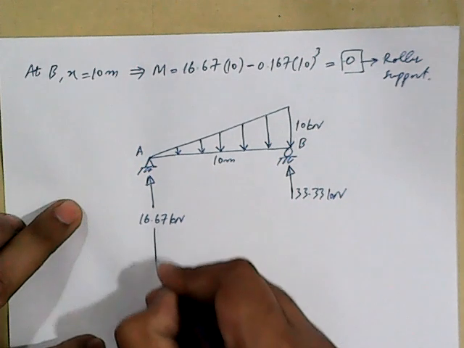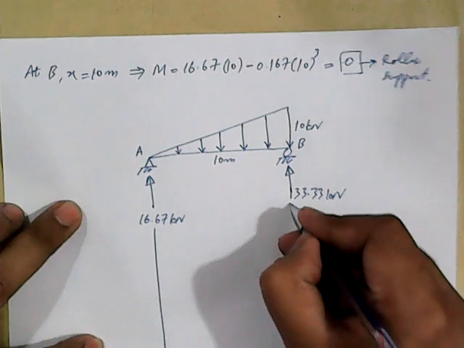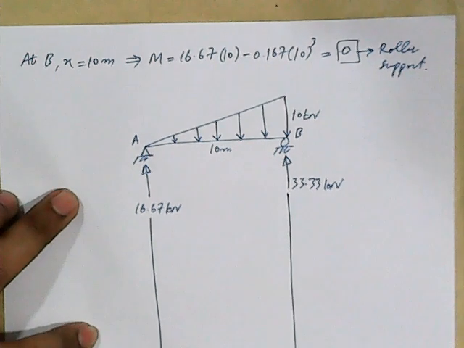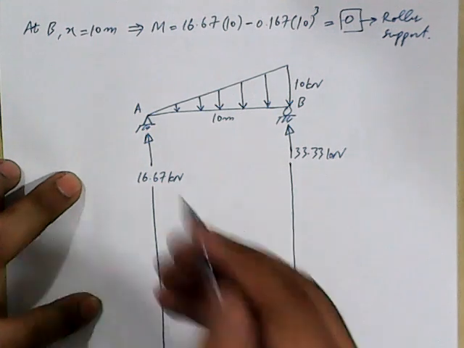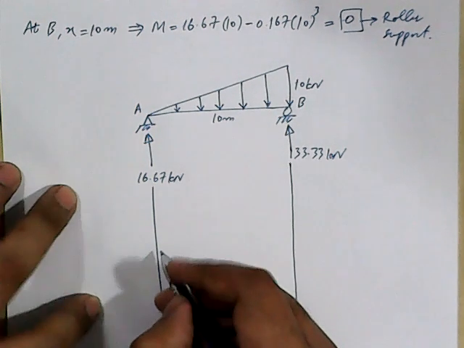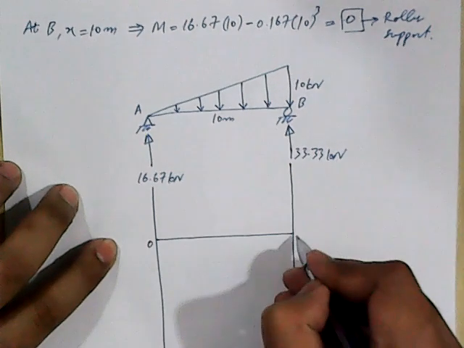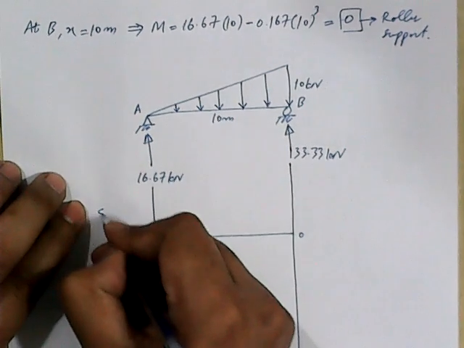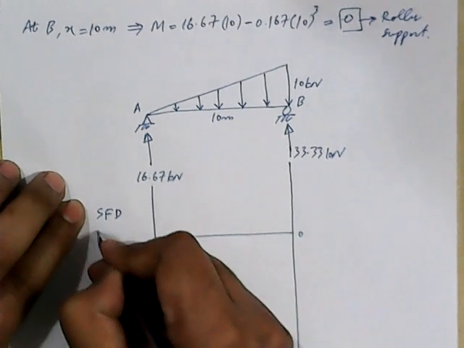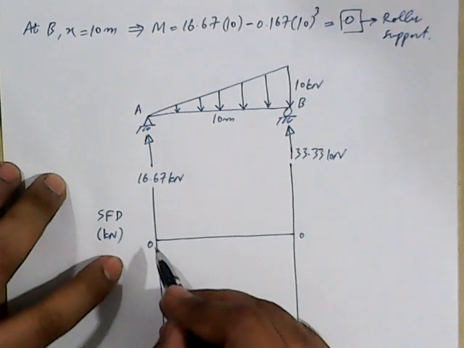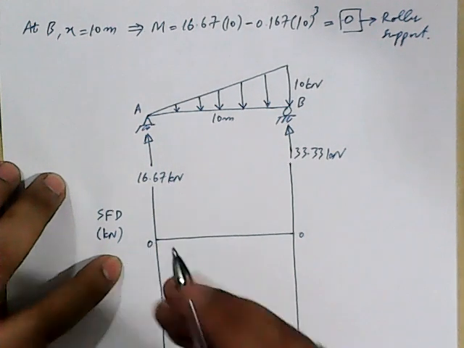And now we want to plot shear force diagram and bending moment diagram. So let me draw the guidelines. Here are the guidelines for SFD and BMD. This is our 0 line. We want to draw SFD and the units are kilonewton. Okay. How much is the value of shear at point A?